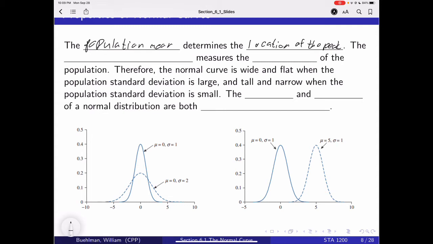The population standard deviation measures the spread of the population.